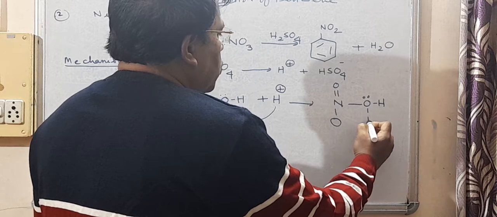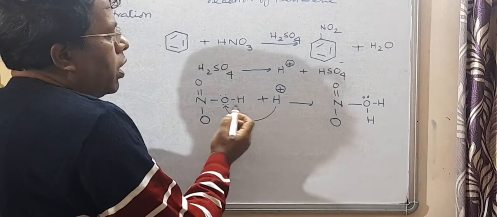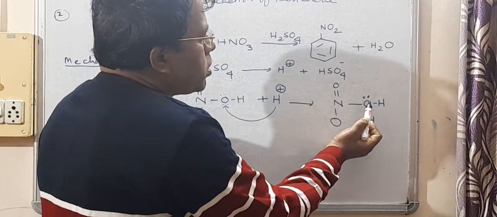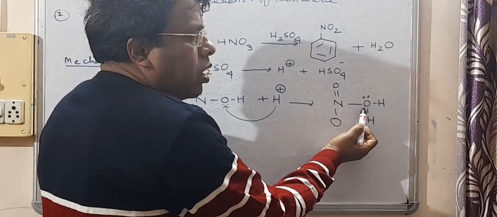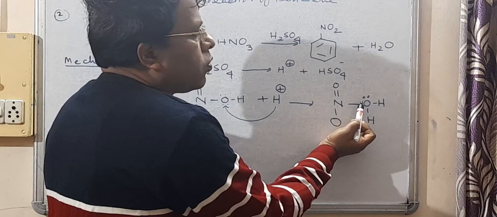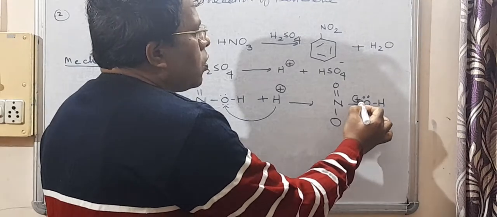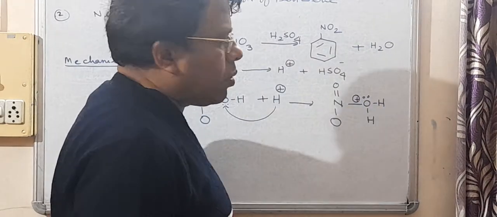Now you can calculate the formal charge on oxygen. You see how many electrons? 1, 2, 3, 4, 5 electrons. One less, so this O becomes plus. O plus is called an oxonium ion.